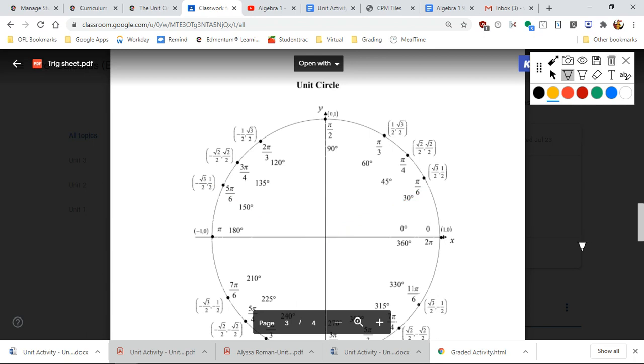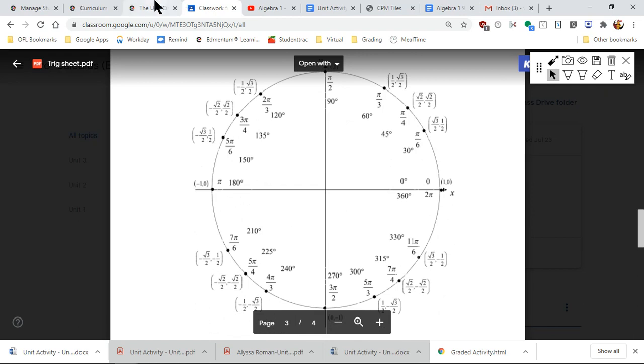Also, if we think about it, this angle here is the same as this angle here. Or we can look at it this way. This angle is the same as this angle. That's going to help you memorize the unit circle a lot if you realize, hey, everything I need to know is just in quadrant 1. Everything else is just negative or positive.